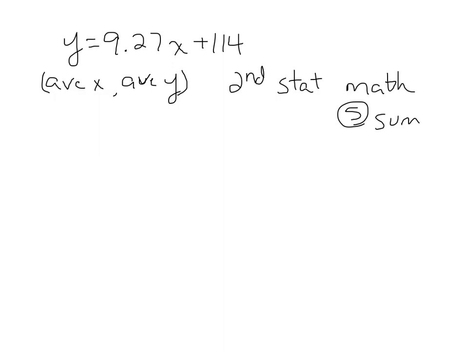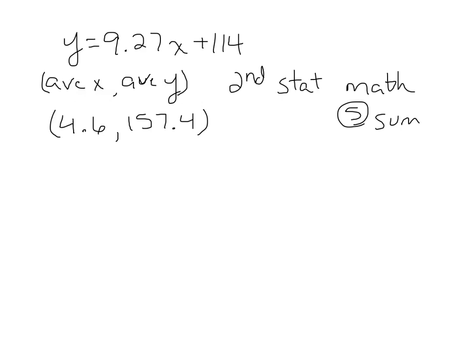For this particular problem, I got 4.6 for my first column and 157.4 for my second column. So that should be my centroid. Now, if that equation, y equals, is the least squares regression line, then that centroid should fit in it.